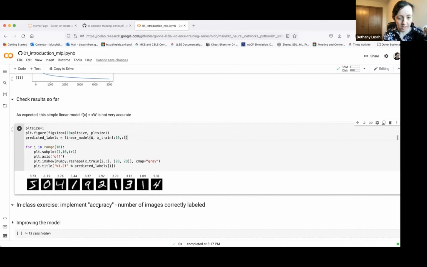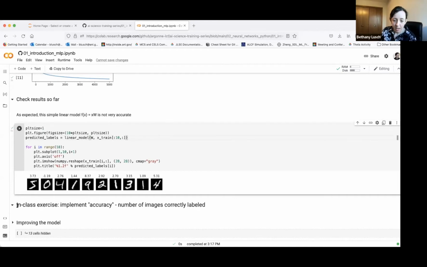Okay, so I think let's pause now. The mean squared error might not be very intuitive for a classification. And it's often more intuitive to look at accuracy, which is the percentage of images correctly labeled.